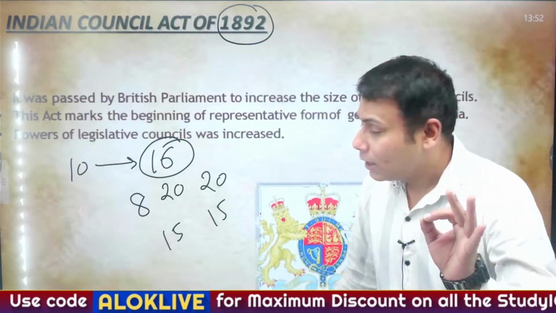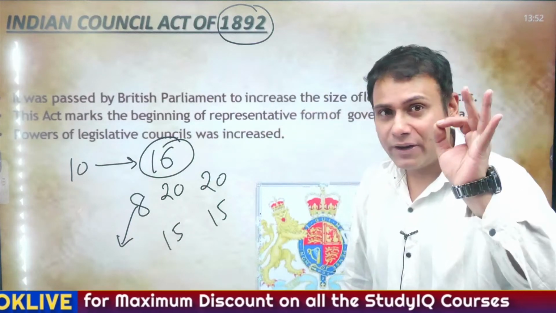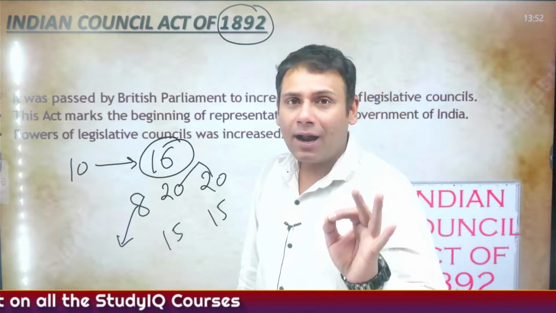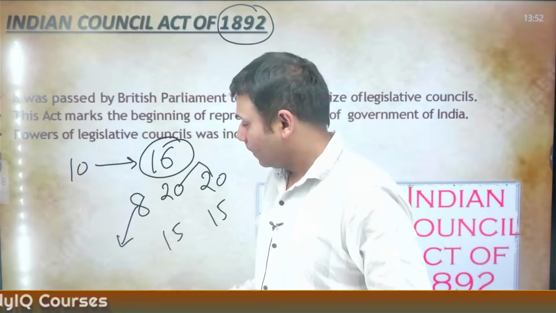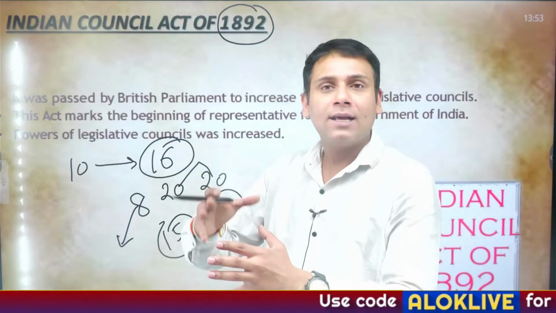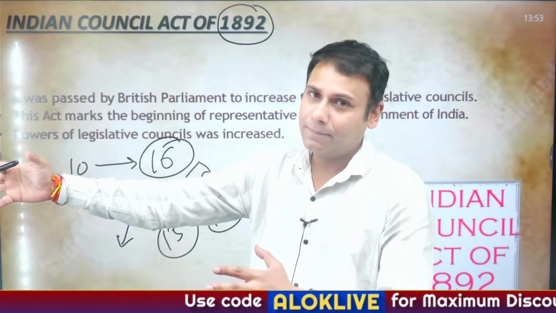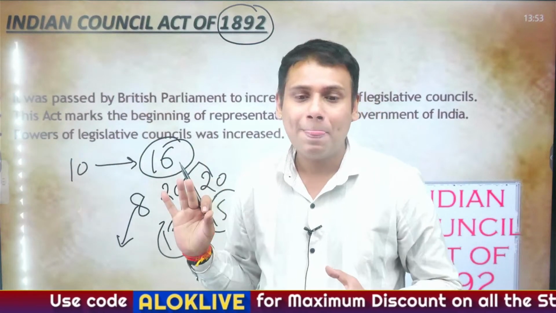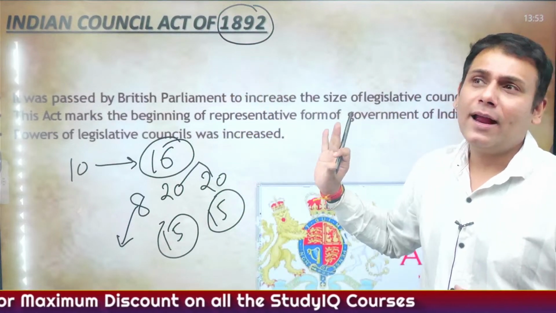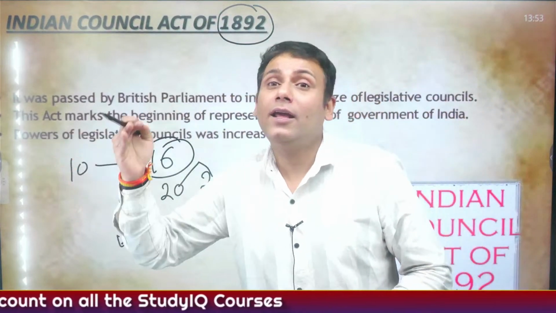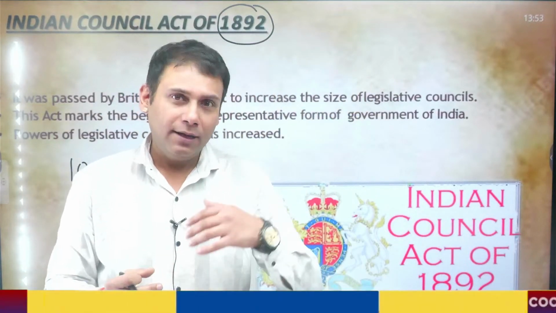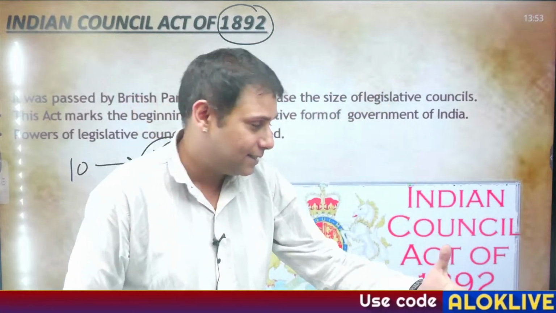I repeat, 8 members in the Bombay Presidency, 20 respectively in the Madras and Bengal Presidencies, 15 and 15 respectively in the United Provinces and Northwest Provinces, which was carved out of Punjab. Clear? This is nothing but the Indian Council Act 1892. This was the output of the moderates.